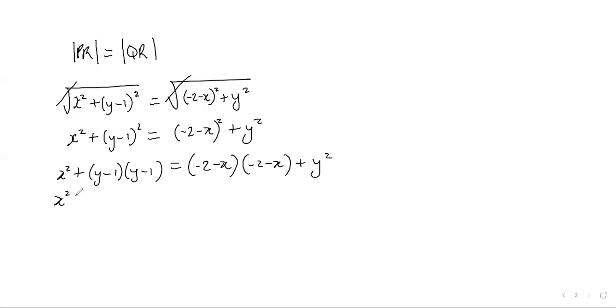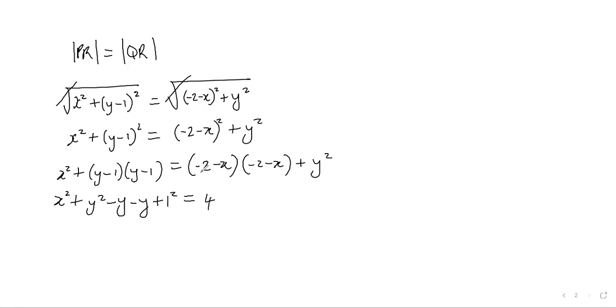So this is x squared plus, y times y is y squared, y times minus 1 is minus y. Then minus 1 times y is another minus y. Minus 1 times minus 1 will be plus 1.